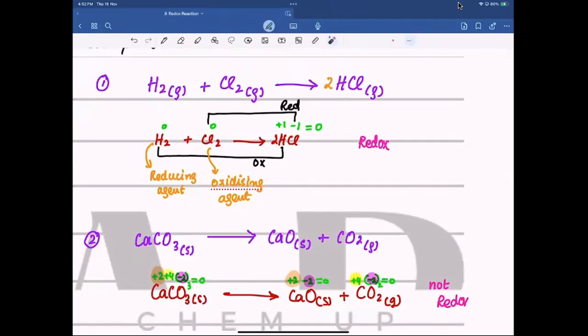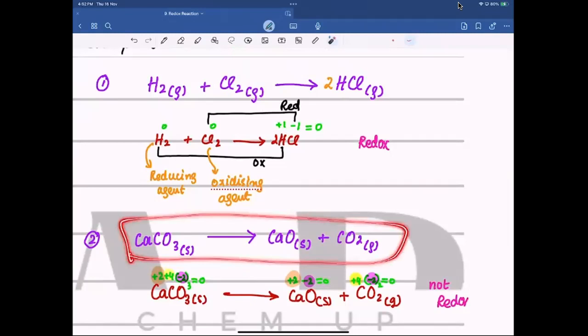Clear? For example, like this, we have the decomposition of calcium nitrate. When we decompose calcium nitrate, it turns into calcium oxide, nitrogen dioxide, and oxygen. Now, very simple thing. Here, oxygen is an element, right? It's not a compound, so its oxidation number is 0.